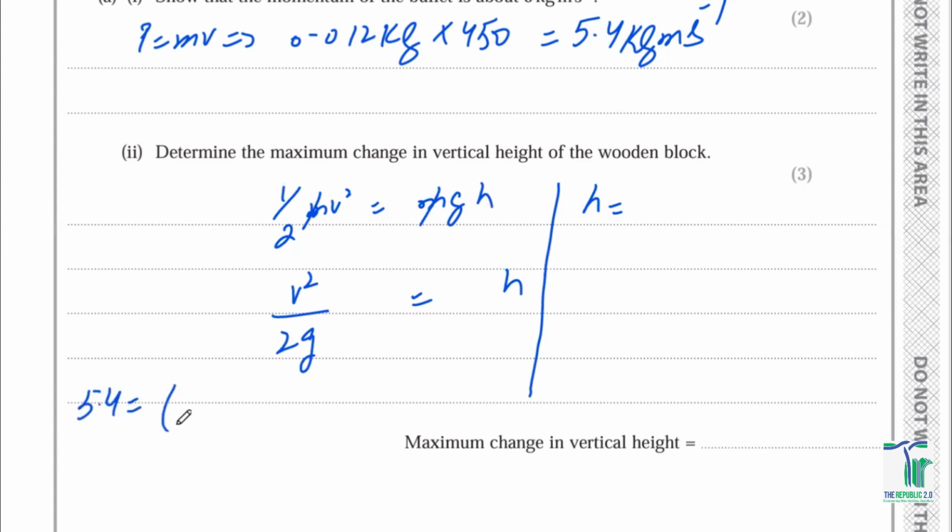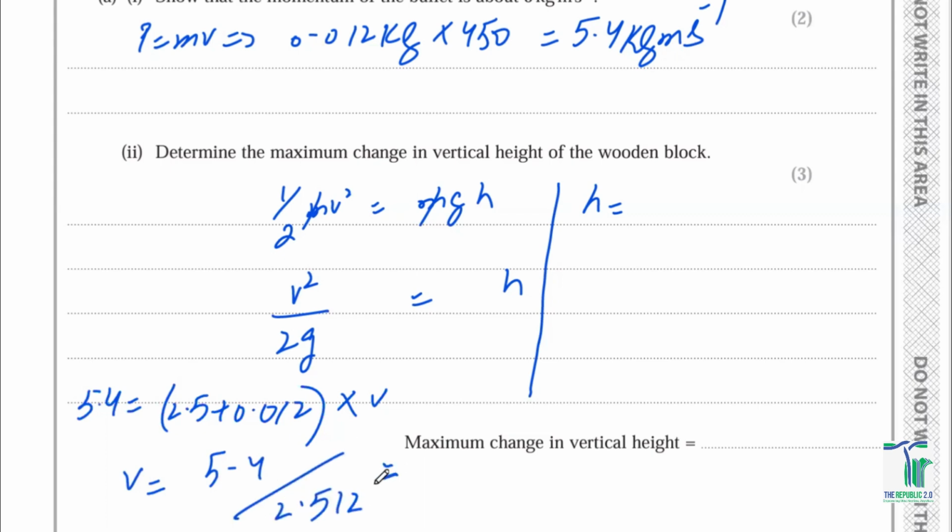And the total mass, because the bullet was ingrained inside the wooden block, has to be 2.5 plus 0.012 times v. We can calculate the v from here, and v comes out to be 5.4 divided by 2.512, and by just dividing them you get something like 2.1 meters per second. So that was the velocity gained by the block.